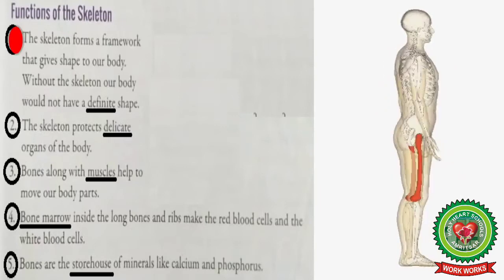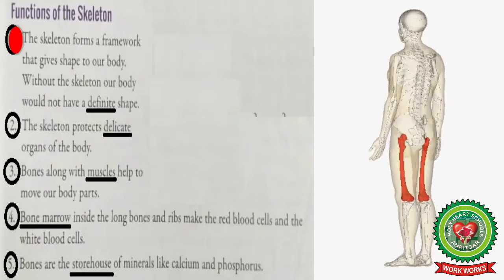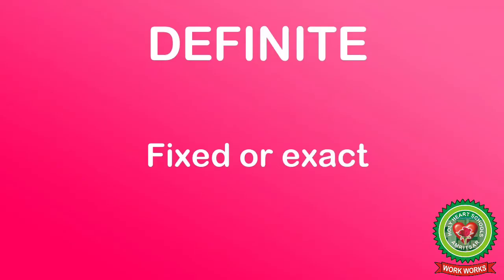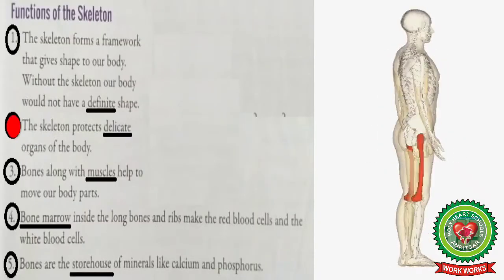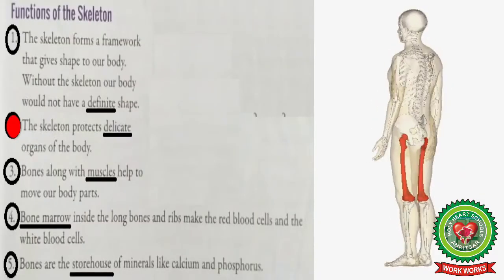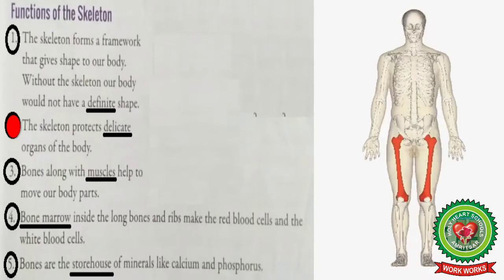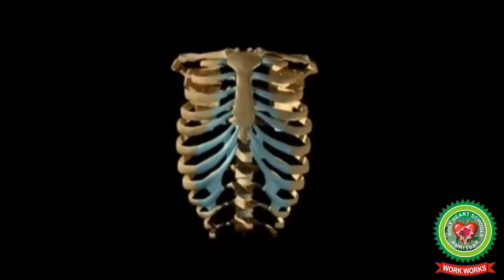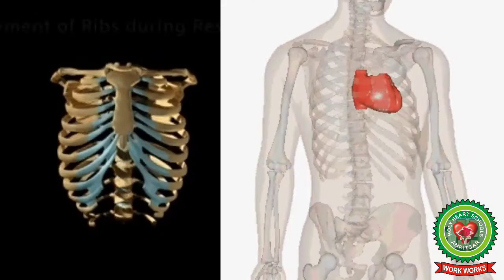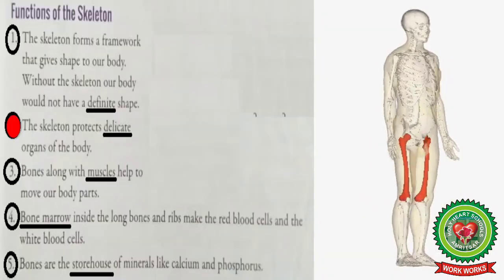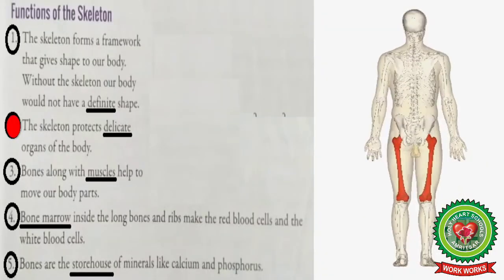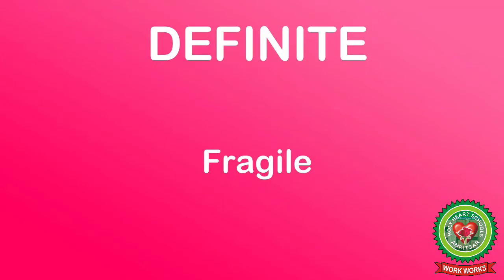Underline the word definite and write down its meaning: fixed or exact. Now number 2, the skeleton protects delicate organs of the body, like the rib cage protects the lungs and heart. Now underline the word delicate and write down its meaning: fragile.